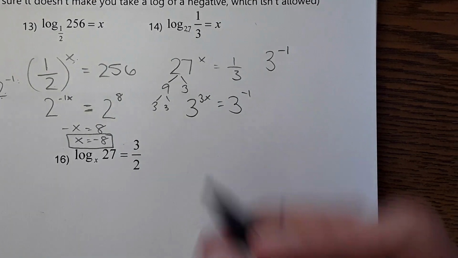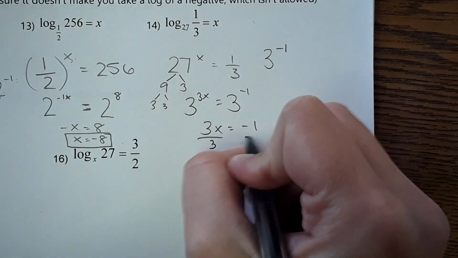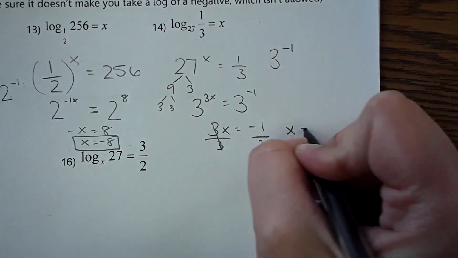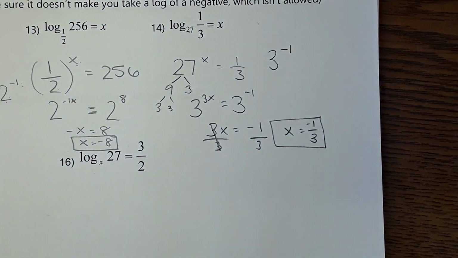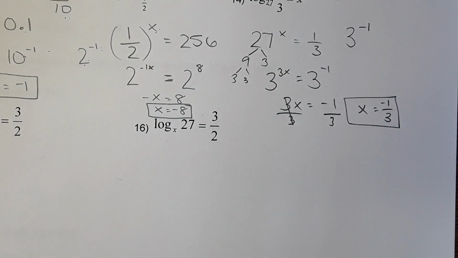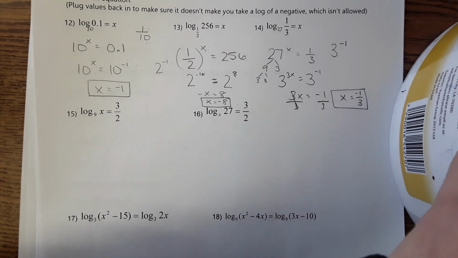And then you can set your exponents equal. Probably should zoom out so you can see that one still.